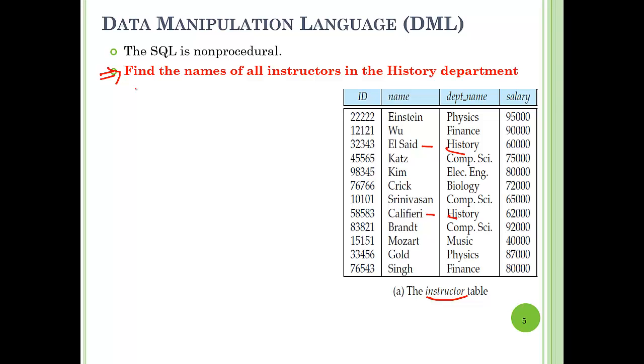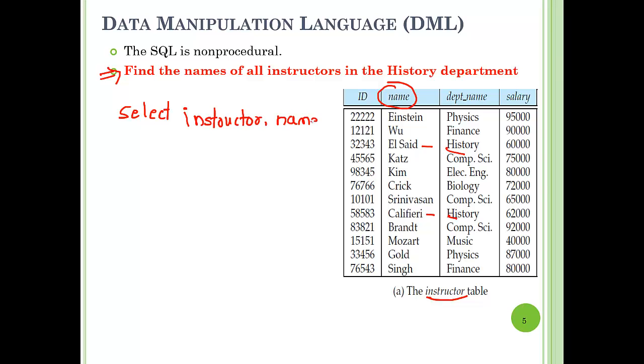So we take here the attribute name, that is the name. Now which table does this attribute belong to? The table instructor. It is always a best practice to mention the attribute name along with the table name. So instructor dot name.